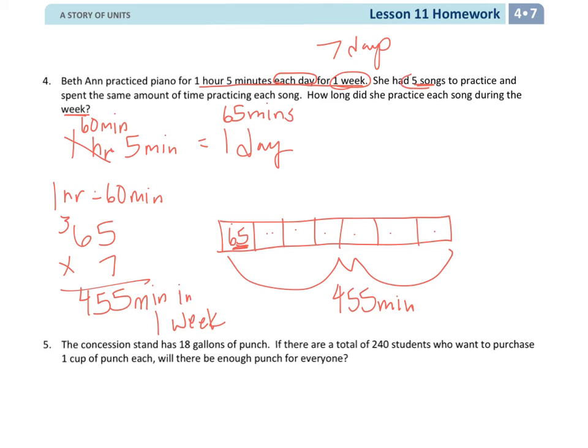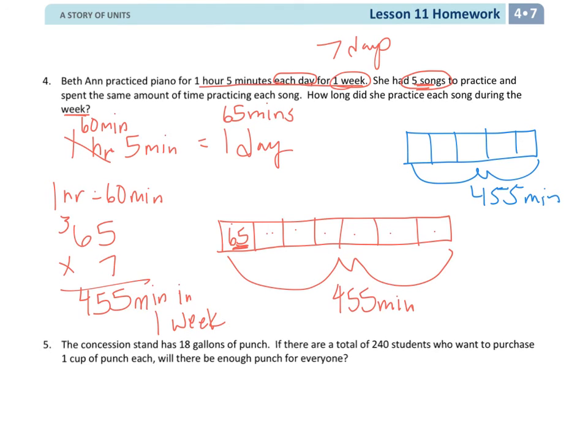Now she has 5 songs to play, and she wants to spend equal amount of time. So I'm going to draw another tape to show the different part of this. That's my 5 songs, and she has 455 minutes to spend on all of those 5 songs.